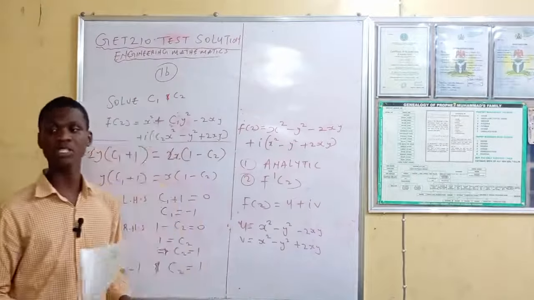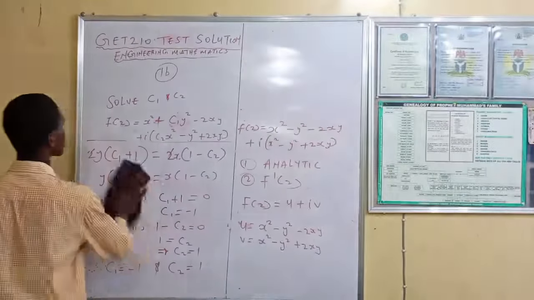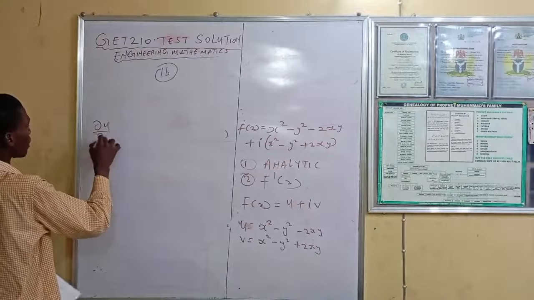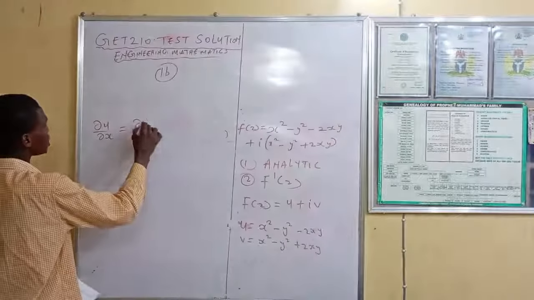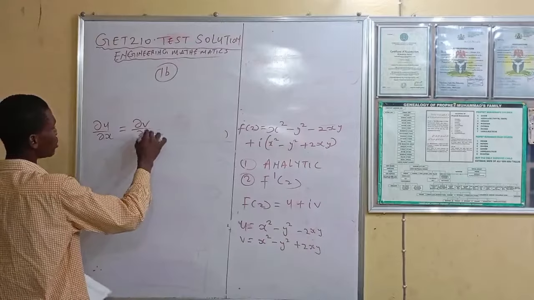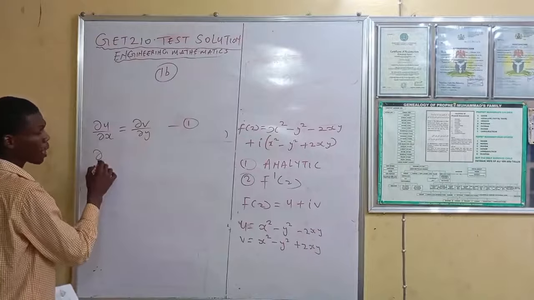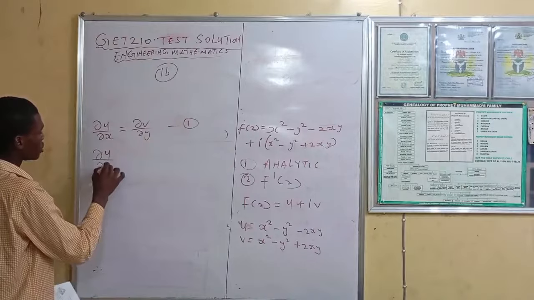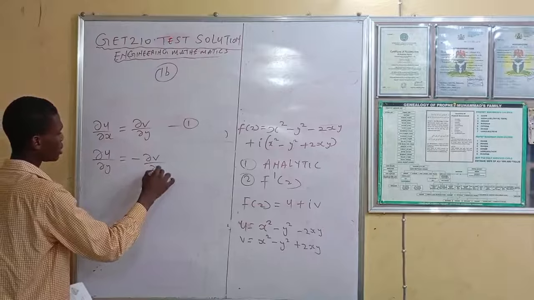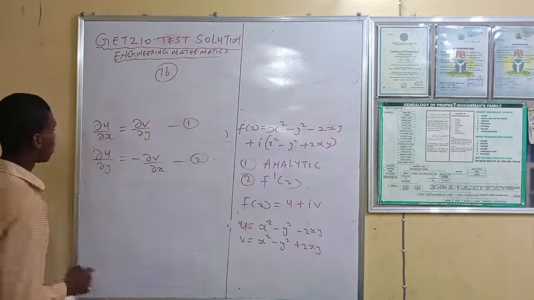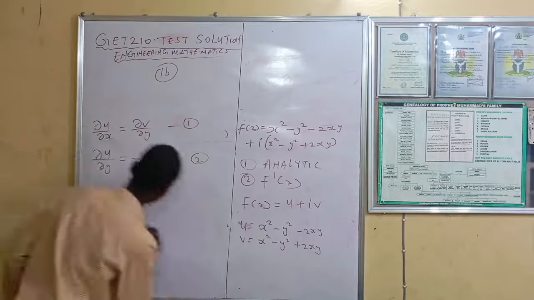That's question 1. And before you can say a function is analytic under the Cauchy-Riemann equations, what does it mean? Partial du over partial dx is equal to what? Partial dv over partial dy. This is the first condition. The second condition is partial du over dy is equal to minus partial dv over partial dx. From here, let me solve it here.